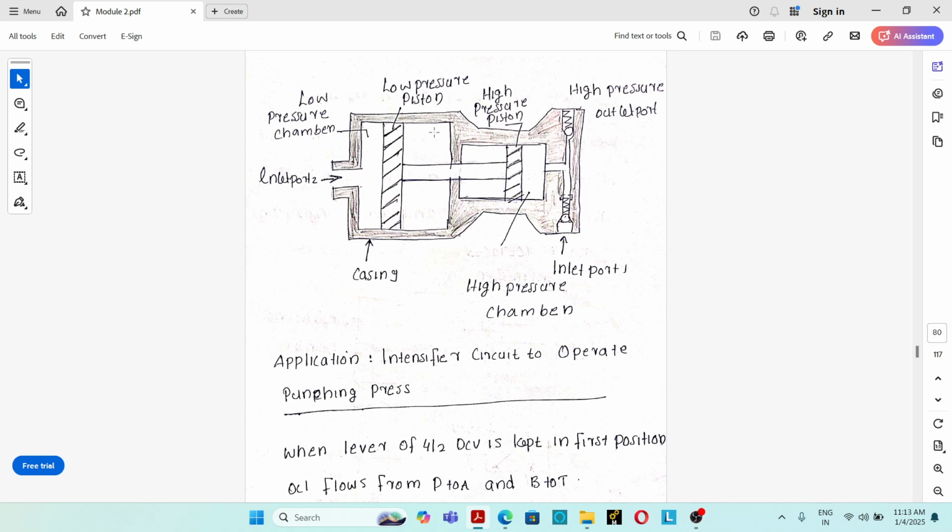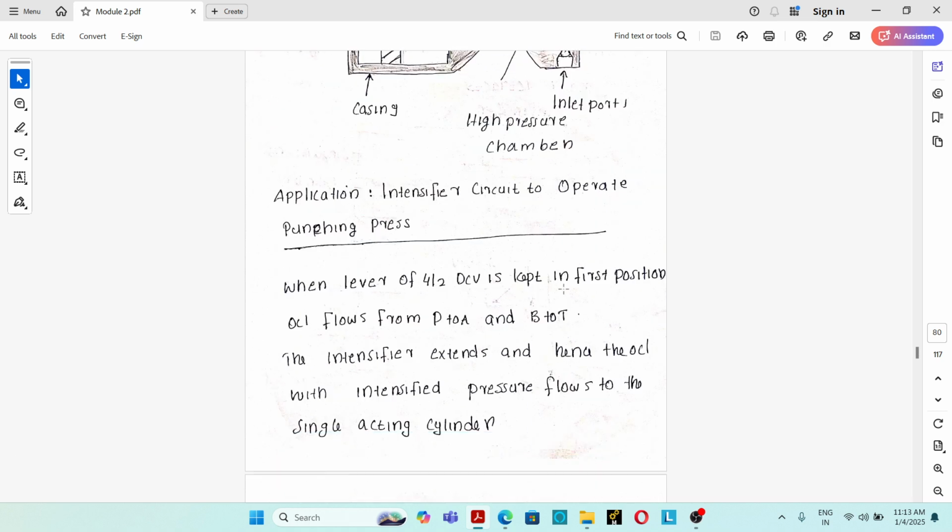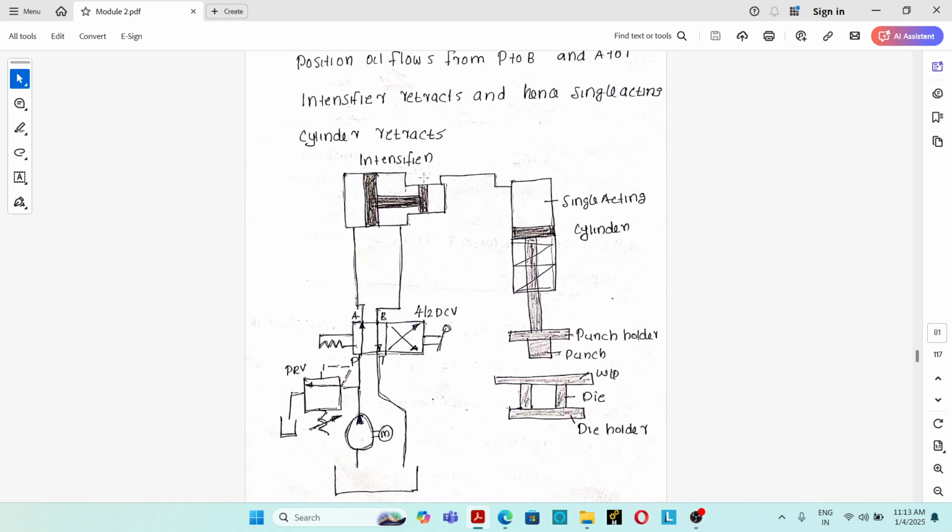At the same time, the hydraulic oil here will flow through to the reservoir. For the return motion, the pressurized hydraulic oil from the pump is flowing to here and pulling the low pressure piston in the backward direction. So that's happening here. Here you can see that.